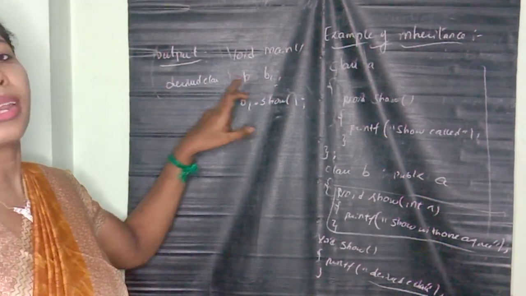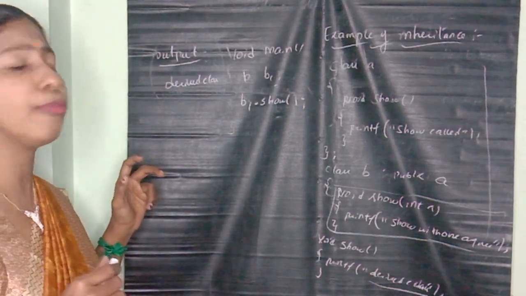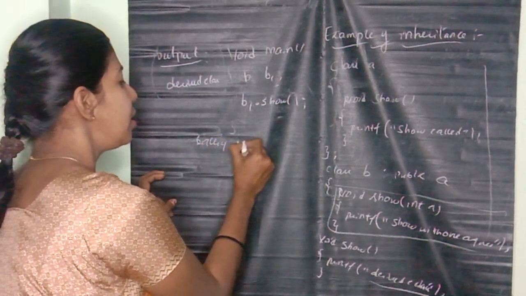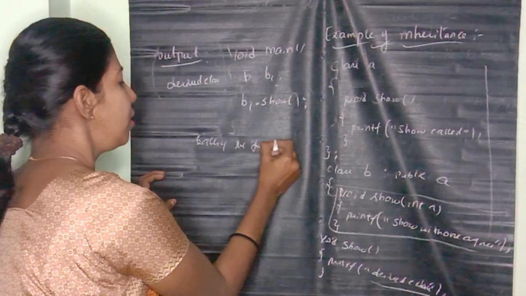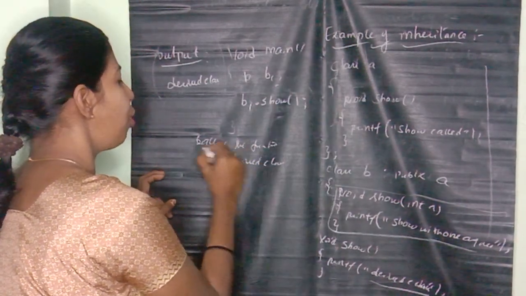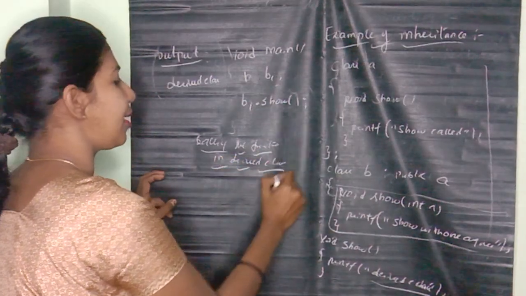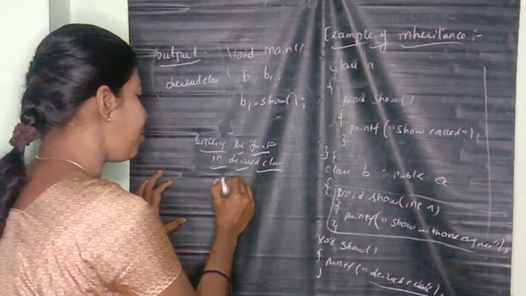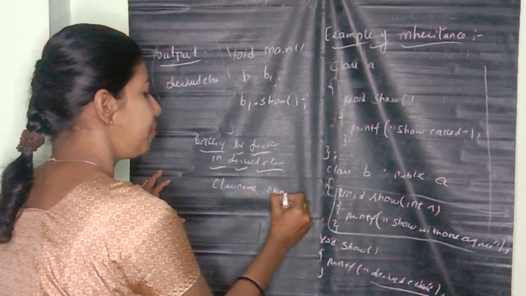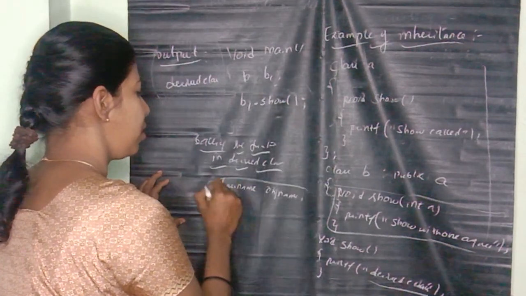This is the syntax for how to call the function in the inheritance concept. How to call the function in the main function of the derived class: class name, object name, semicolon.